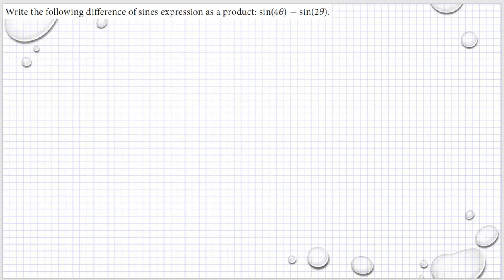Next, write the following difference of sines expression as a product. So this is our sine alpha and our sine beta. We have now sine alpha minus sine beta is equal to 2 times sine alpha minus beta over 2 cosine alpha plus beta over 2.